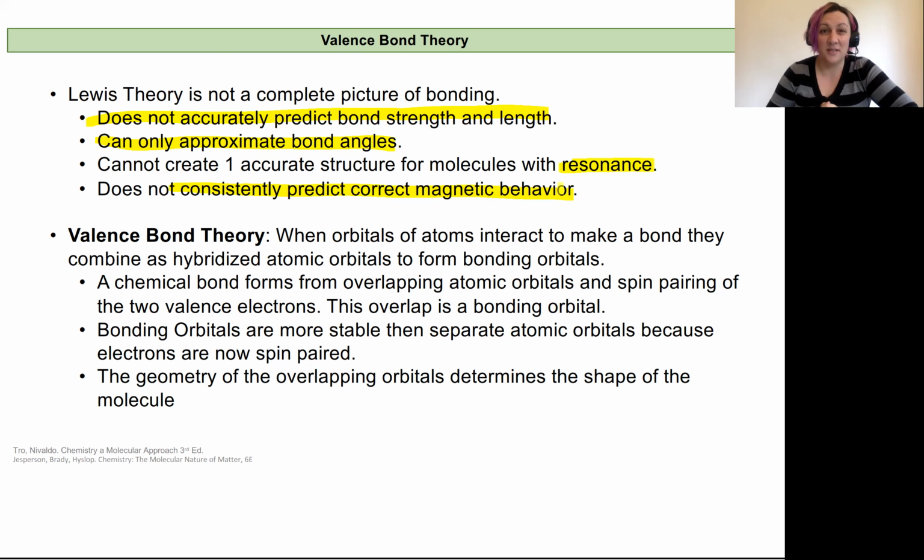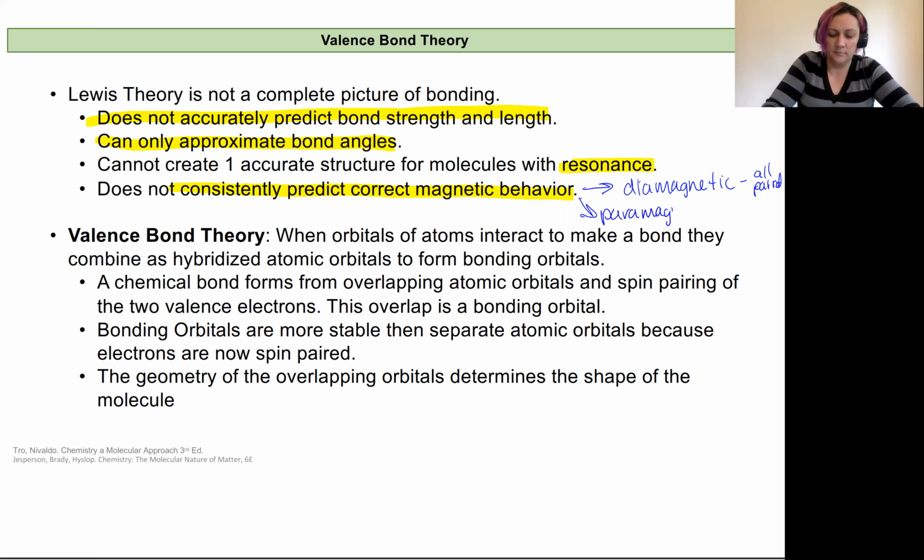Going back to our electronic structure of the atom conversation, that magnetic behavior arises when you have unpaired electrons in orbitals. That gives us diamagnetic if everything is paired, or paramagnetic if we have unpaired electrons. So valence bond theory will be able to address most or all of these, and molecular orbital theory will address these as well.